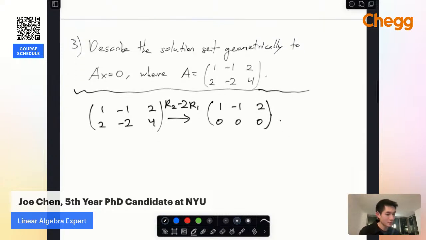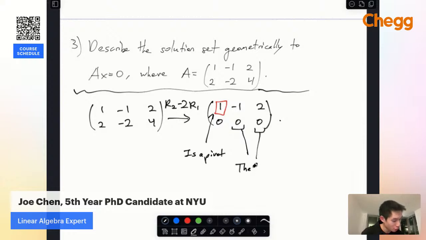And okay, so you can read off what dimension the solution set should have by looking at the number of columns with no pivots in them. So we can circle all the pivots, and here it's just this one. Both these other two columns are not pivots.